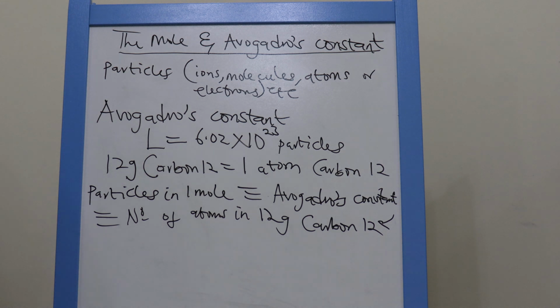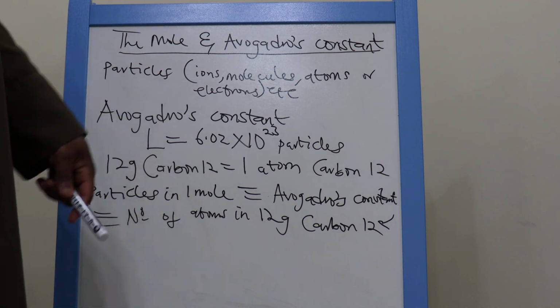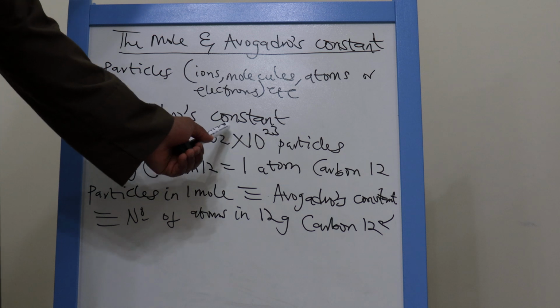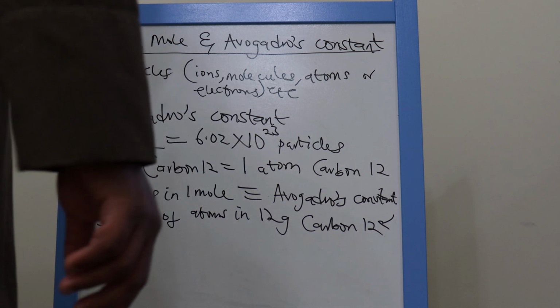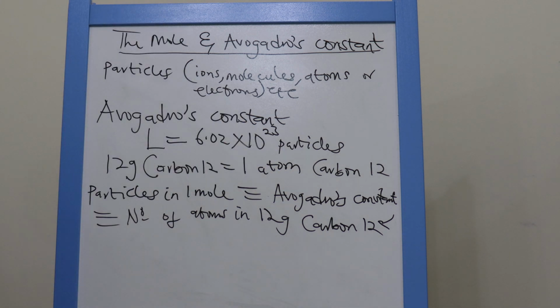Therefore, 1 mole of a substance contains 6.02 times 10 to the exponent 23 particles. That is what it implies.